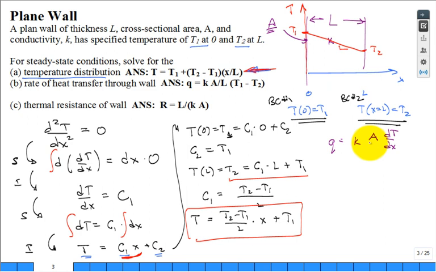The slope is not changing. The slope is the same no matter where you are in the wall. It's a steady state slope. So I can put this at 0, I can put this at L, I can evaluate that derivative anywhere. Okay, but let's go and evaluate that derivative.